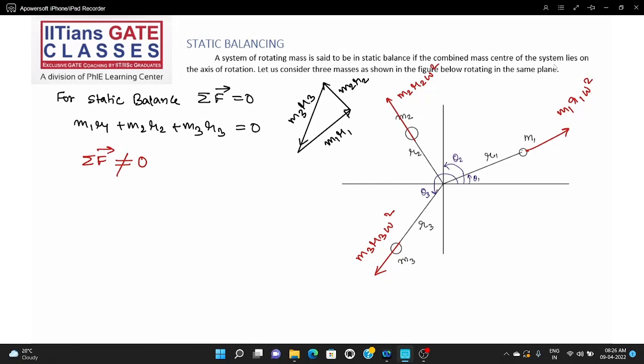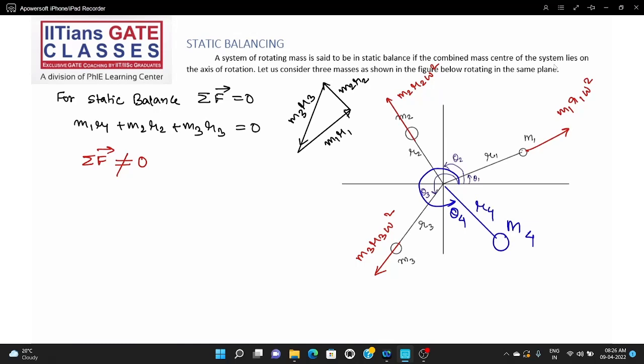Let me say we are adding a mass M4 at an angle of theta 4, and at a radius of R4.